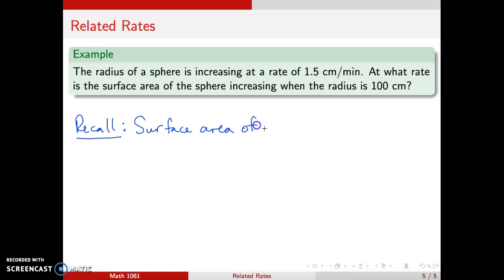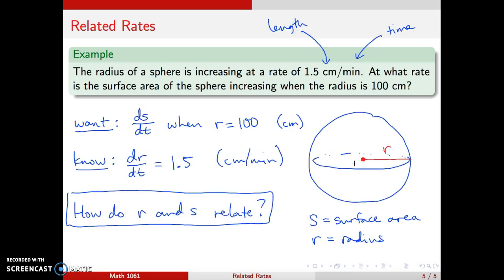Surface area of a sphere of radius r. So its surface area is 4 pi r squared. That is the equation that relates these quantities that I don't know, r and S.